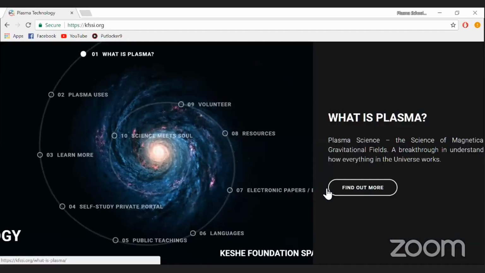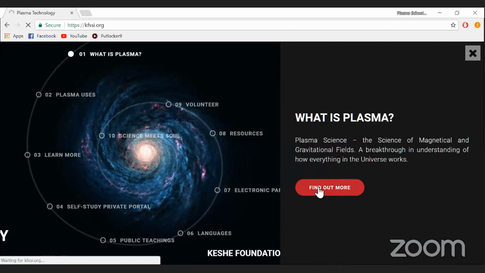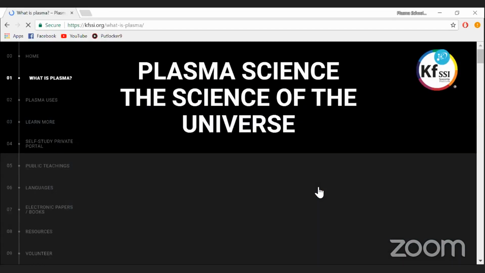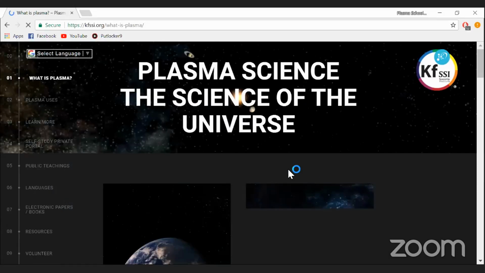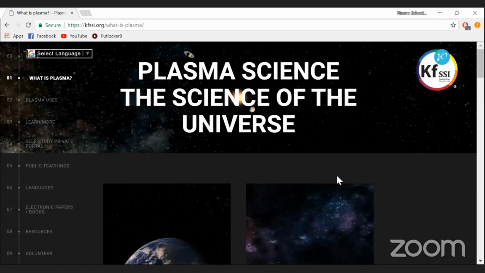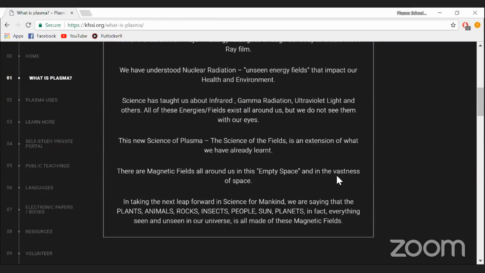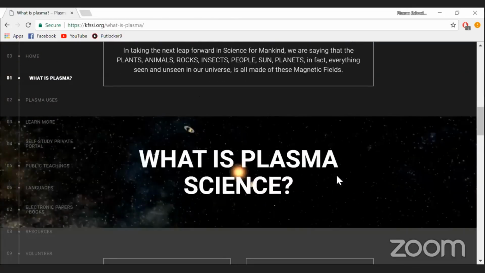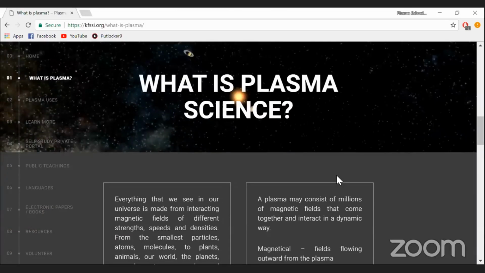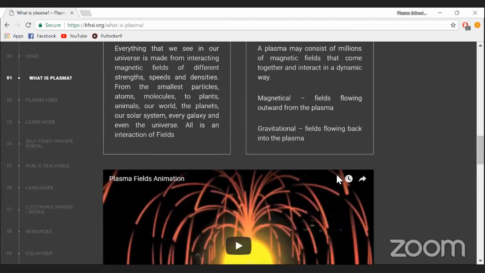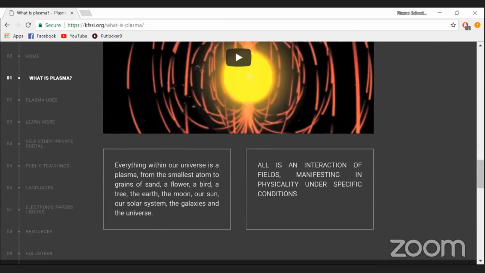So I'll start off on the first page. We just gave a very brief introduction as to what the science is all about. We didn't want to go into too much detail because with this sort of page, one wants to get a lot of people's attention, and if they just spend half an hour on this page, they will get an understanding.